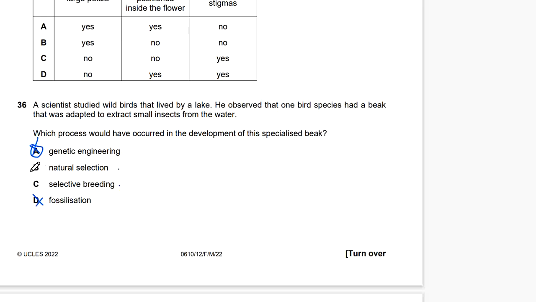Actually, the correct answer for this is letter B, because the beak of the bird becomes such that it has to be adapted to extract small insects from the water. If it's not for extracting small insects from the water, the beak would become another type instead of this adaptability to extract small insects from the water.